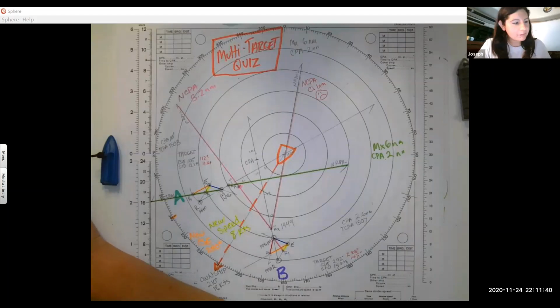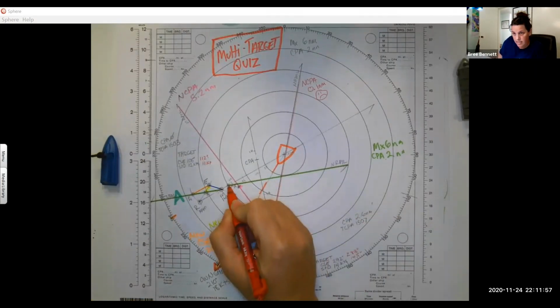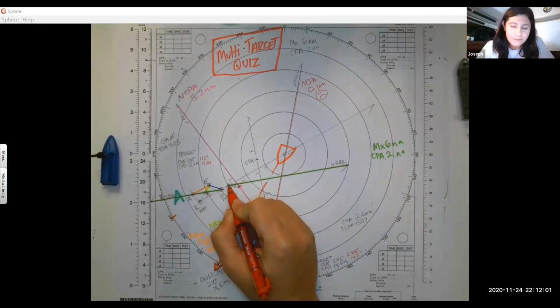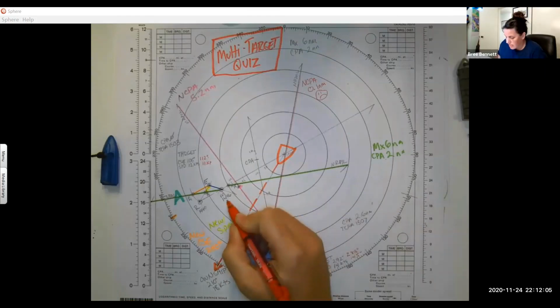But I guess what I'm stuck with is it's asking the time of maneuver, which would be for A, but since it's so small, I can't really eyeball it. So yes, it's asking for that MX. Where is MX? The time of maneuver. Yeah, this was at 1446.